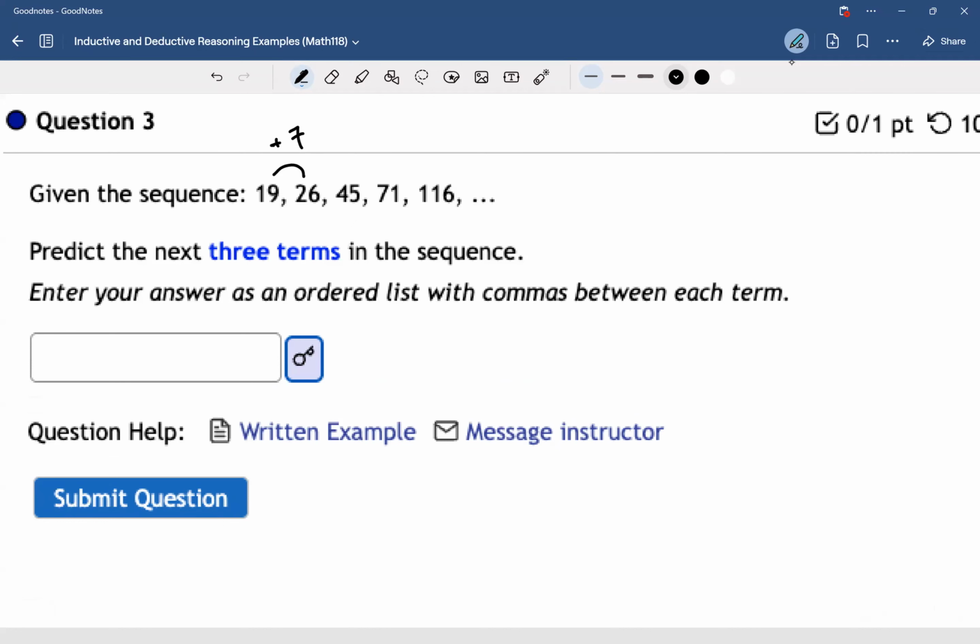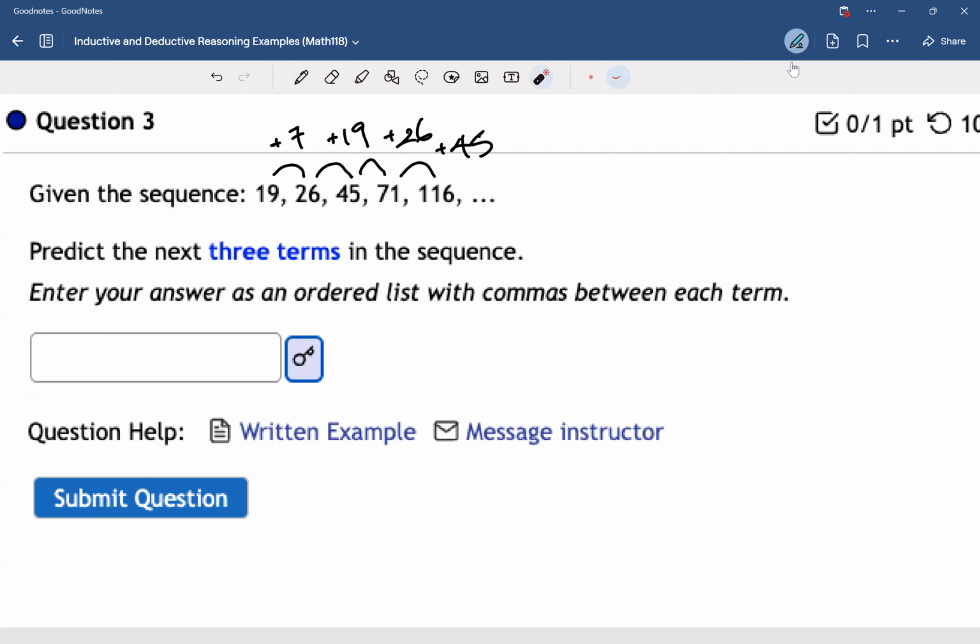And to go from 26 to 45, I'm going to add 19. And when I go to 71 from 45, I end up adding 26. And if I go from 71 to 116, I end up adding 45.